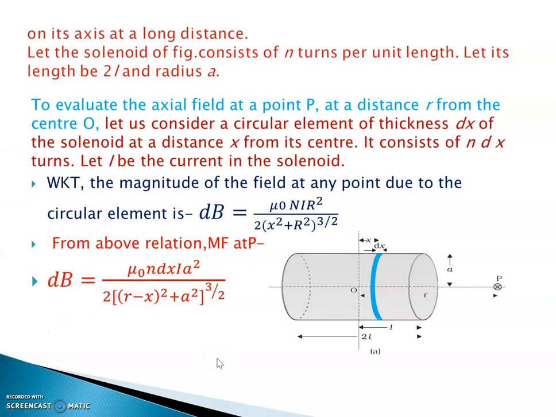Now this is the formula for magnetic field due to this element at point P.